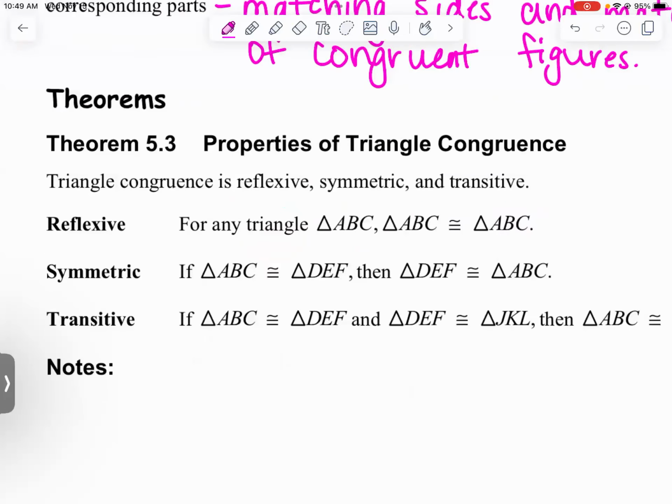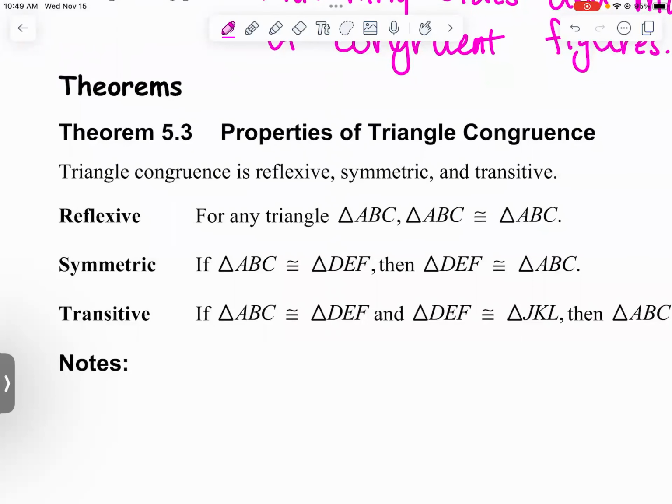We have three properties of congruence with our triangles. First of all, we have the reflexive property. You remember the reflexive property? Basically the same thing is congruent to the same thing. We also have the symmetric property that we can use with congruent triangles. So if triangle ABC is congruent to triangle DEF, then we can write it backwards.